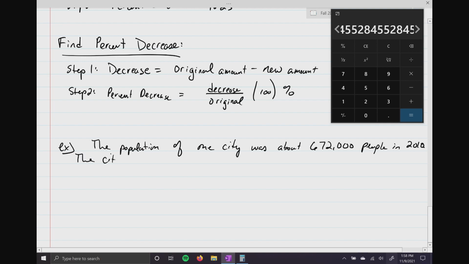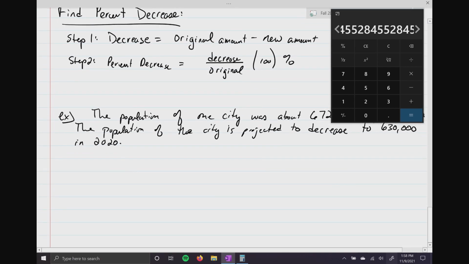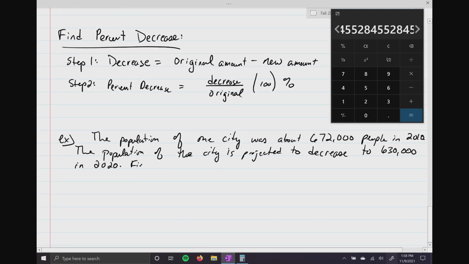The population of the city is projected to decrease to 630,000 in the year 2020. Find the percent decrease.